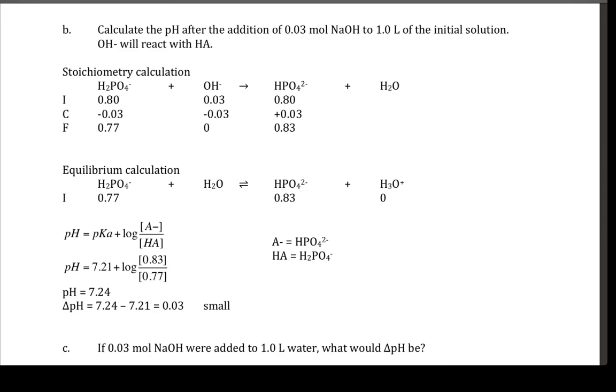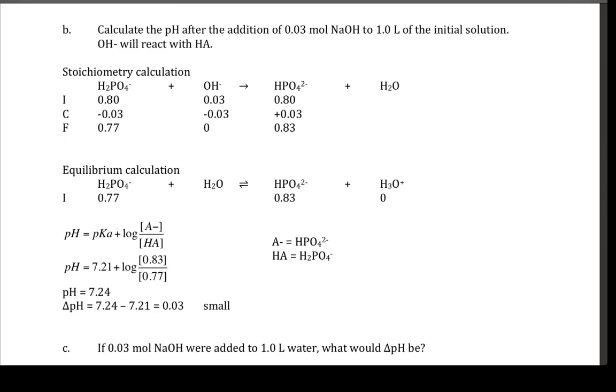Now we go to the equilibrium calculation, and we write out the equilibrium reaction, H2PO4 minus plus H2O in equilibrium with HPO4 2 minus plus H3O plus. We put in those amounts from our stoichiometry calculation, 0.77, 0.83. Now we're ready to use the Henderson-Hasselbalch equation.